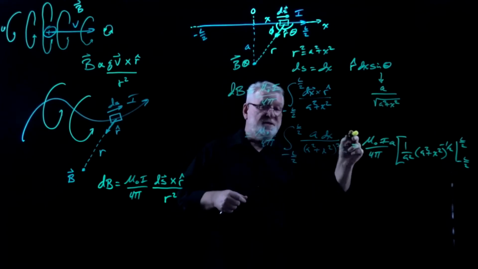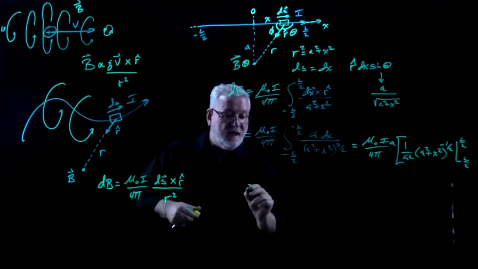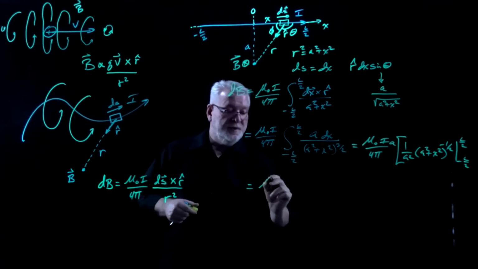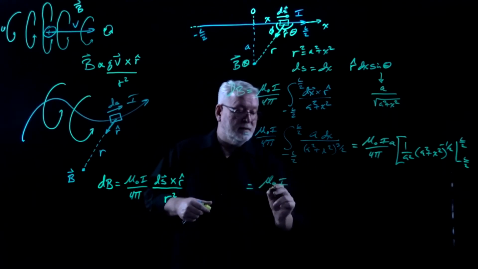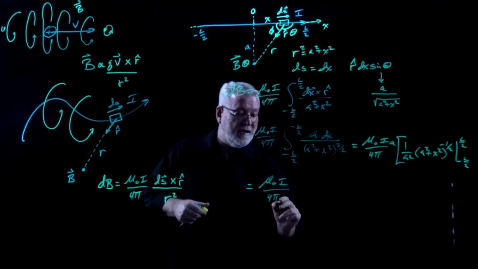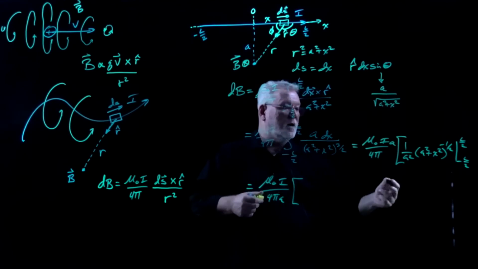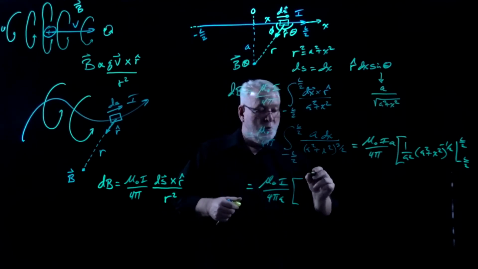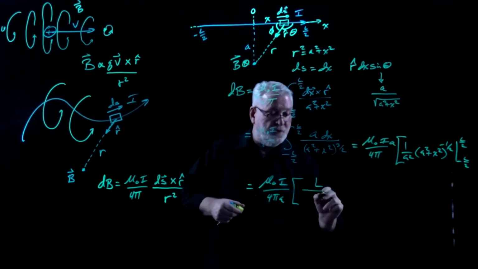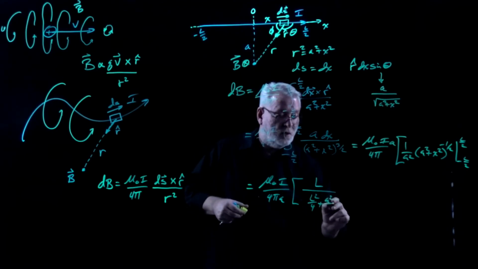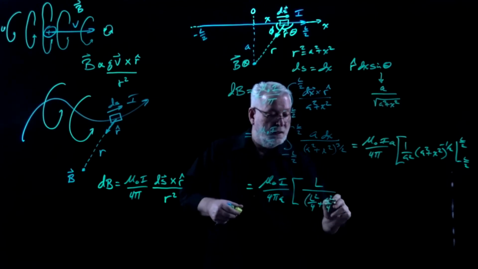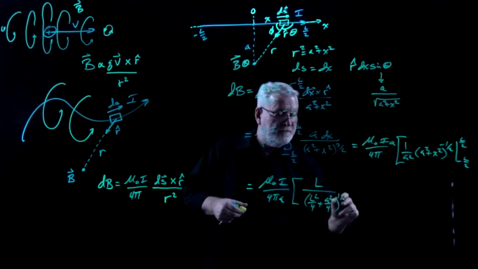Once we do the substitution and we sort of clean everything up, here's what we end up with. It's mu naught I over 4 pi A. And then here's what's going to be left once I make all of that substitution. We're going to end up with L over L squared over 4 plus A squared over 4, to the 1/2.